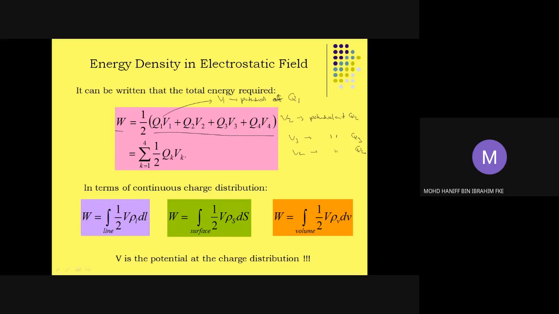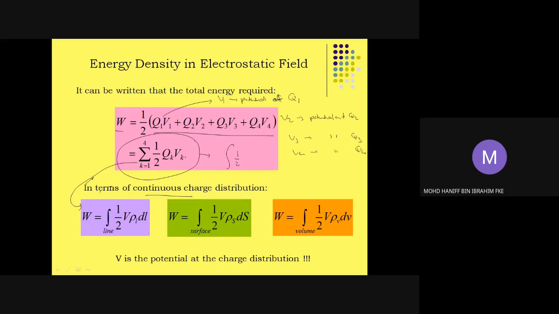Okay, so this idea shall then be extended to the case of continuous charge distribution, as what we have learned previously was for the case of discrete point charges. For continuous charge distribution, the summation will be modified to an integration.